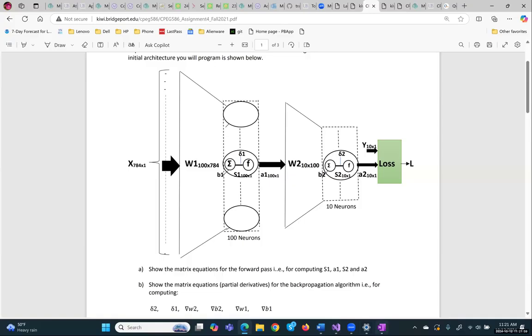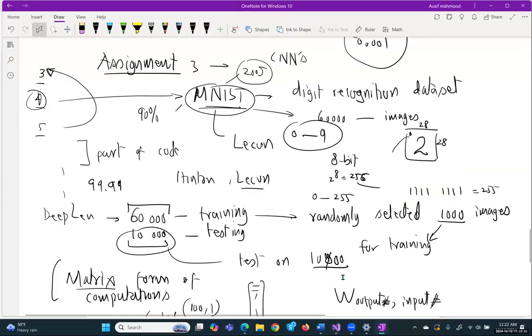So if we take a look at this 28 pixel by 28 pixel image, suppose the first value over here is 78. The second pixel, let's say, has a value 49. So what I could do is assemble all of this.